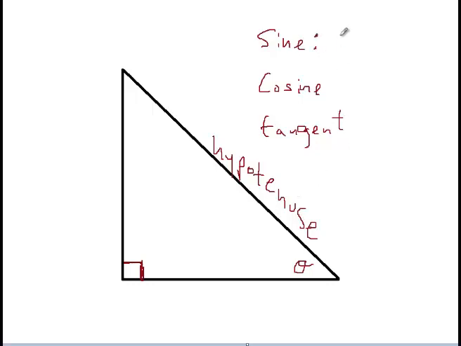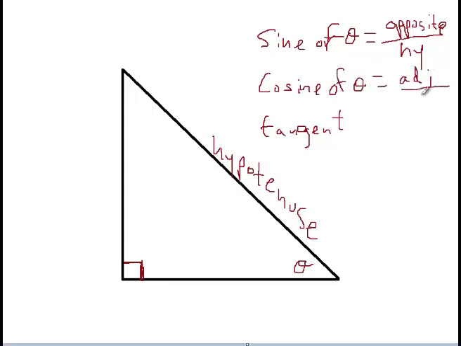The rule for sine is that the sine of theta, the sine of an angle, is the opposite side divided by the hypotenuse. I'm just going to write hy for hypotenuse. The cosine of theta is the adjacent side over the hypotenuse, and the tangent of theta is the opposite side over the adjacent side.